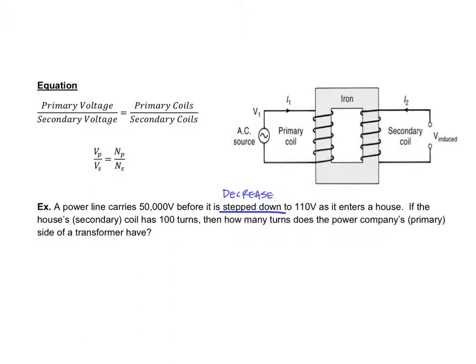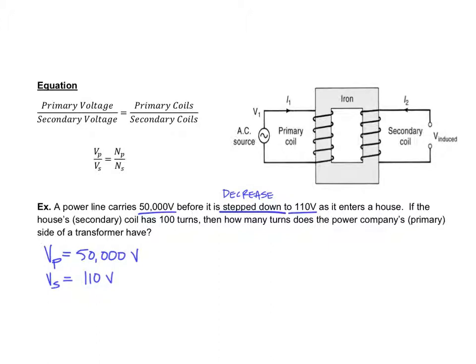So the power line carries 50,000 volts before it's stepped down to 110. It starts off at 50,000 and ends at 110. So the primary side, the initial side of my transformer, has a primary voltage of 50,000 volts. So Vp equals 50,000 volts. And it's stepped down, decreased to 110, so my secondary voltage is only 110 volts.